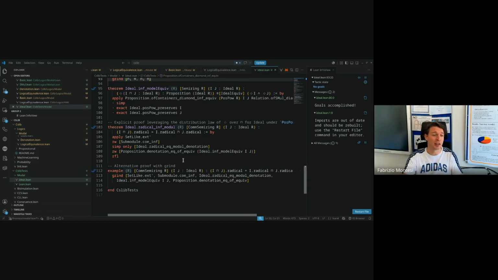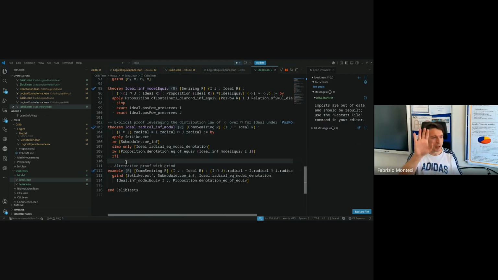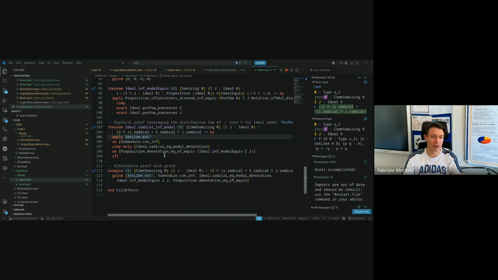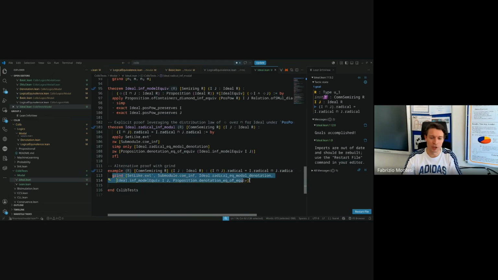And this is general. Whatever monoid action you have, you can apply this thing. Here I wanted to do the proof manually to show the structured argument. But you can also just invoke grind, and grind will translate it to a denotation, then from a denotation to our satisfaction relation for modal logic, and then it will use all the theorems it has there and try to call it a day.